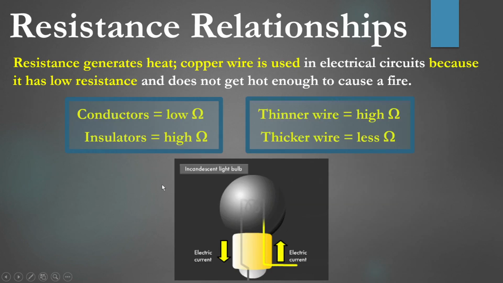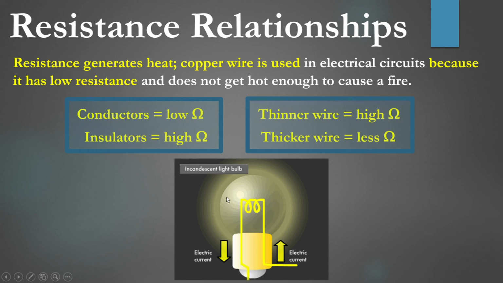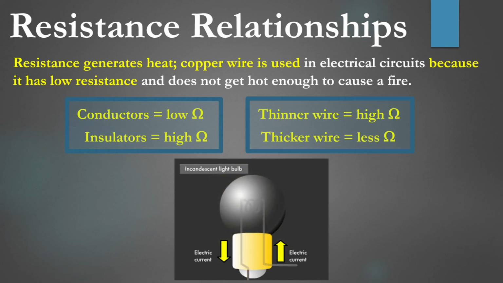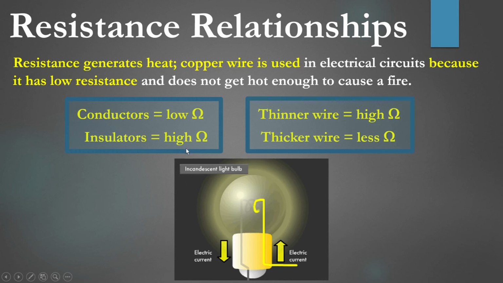All right, so just some resistance relationships. Resistance generates heat. Yeah, it generates a lot of heat. When electricity passes through something, especially things with a lot of resistance, like insulators, you have high resistance.